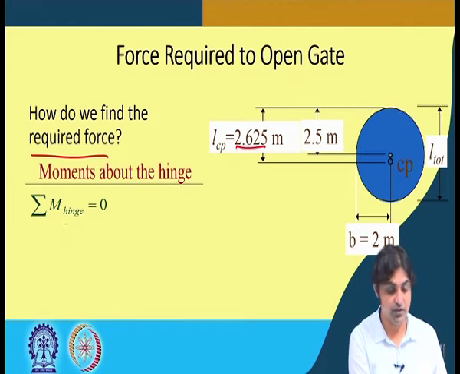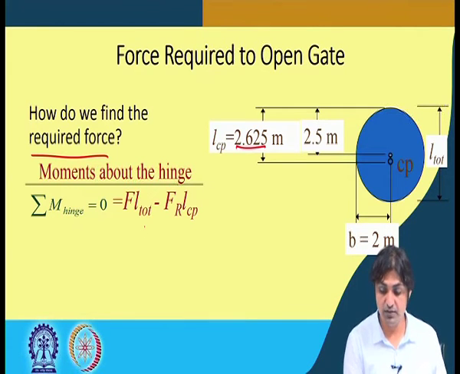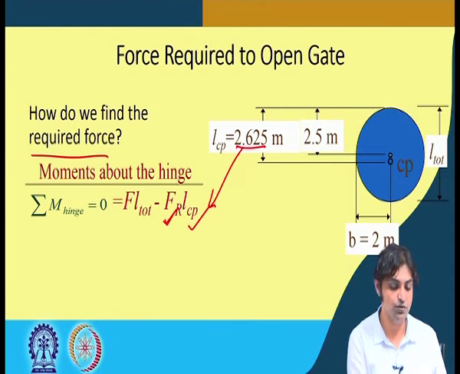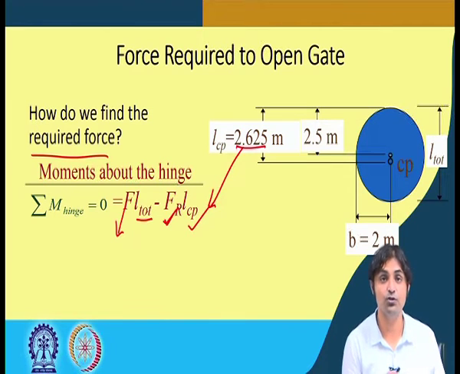So moment about hinge will be 0, and this means force into length of total will be the resultant force into length of the center of pressure. The resultant force we already know, and we need to find out this F. We already know L total.